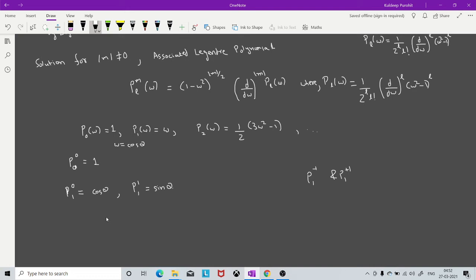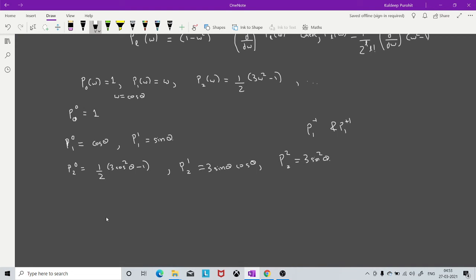Now if I take P2 0, then it will be equal to 1 by 2 times (3 cos square theta minus 1), and P2 1 will be equal to 3 sin theta into cos theta, and P2 2 will be equal to 3 sin square theta.